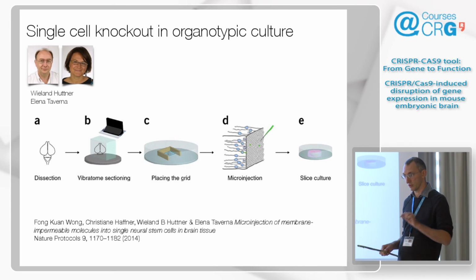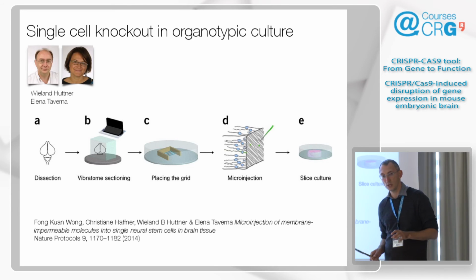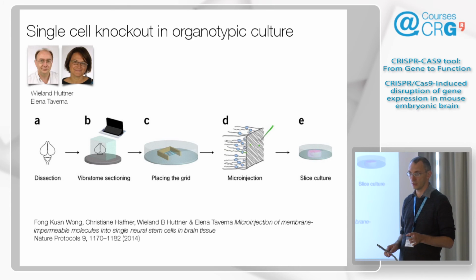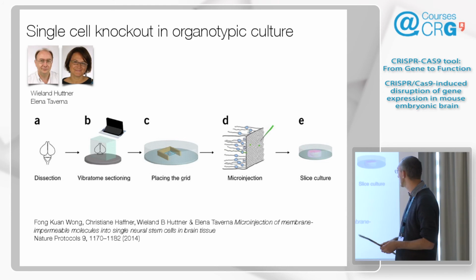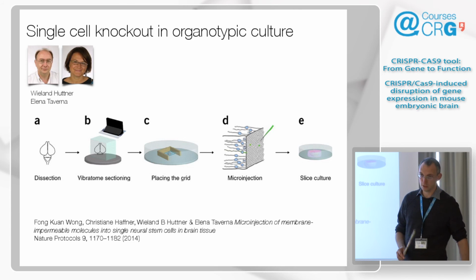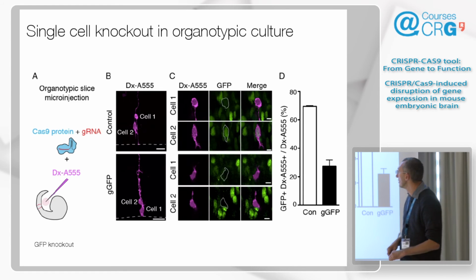You do that around the tissue at multiple positions, and some of these hit a cell without destroying it, and you have a co-injected inert dye, so that you can identify by the staining a neuron that received the injection. It works quite well, and by this method we also delivered the same reagent.